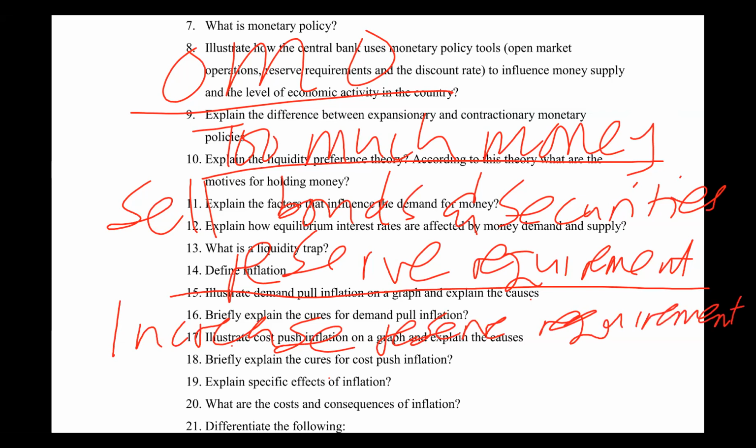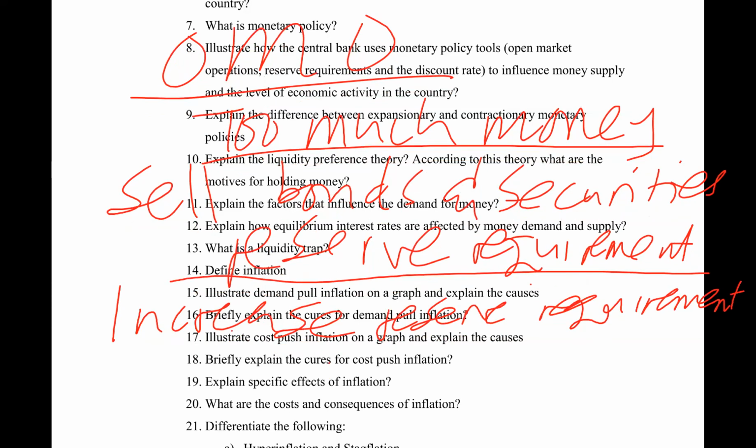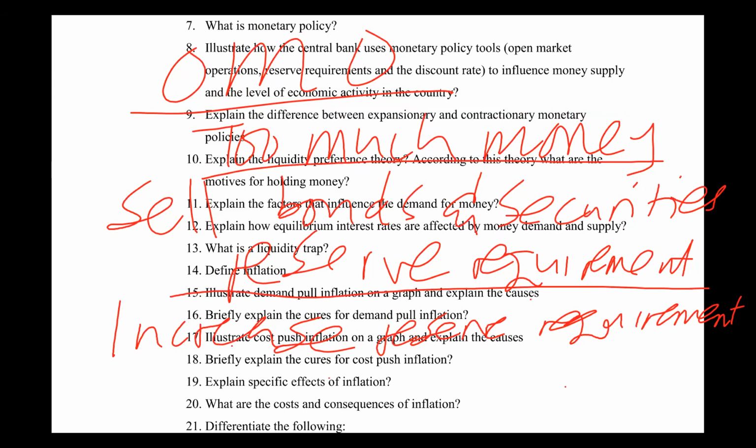When they increase the reserve requirement, it means that there will be more money that the commercial banks should keep to meet the demands of those people withdrawing. Now, if the commercial bank is forced to keep a lot of money in the reserves, it means that they will not have enough money to issue as loans, right?